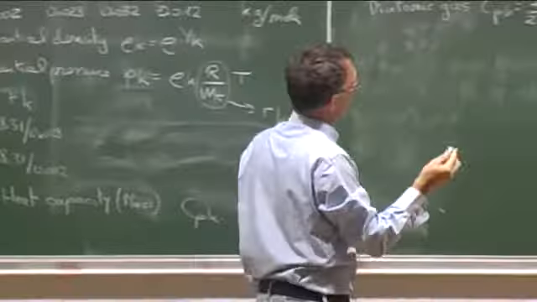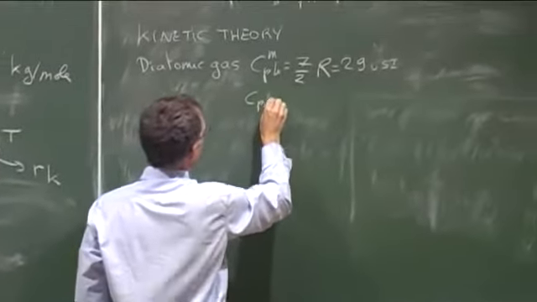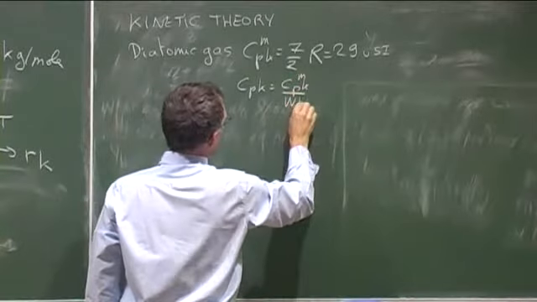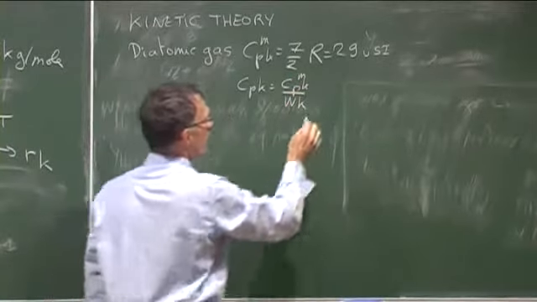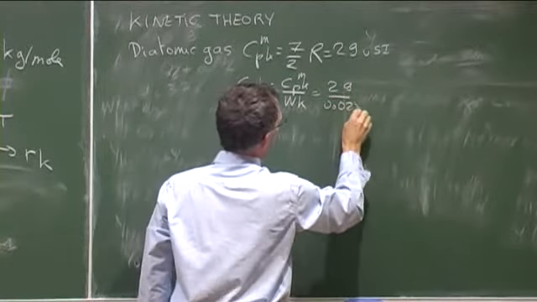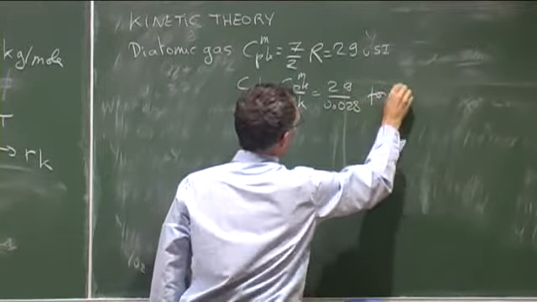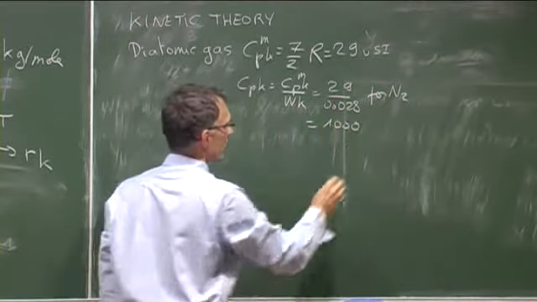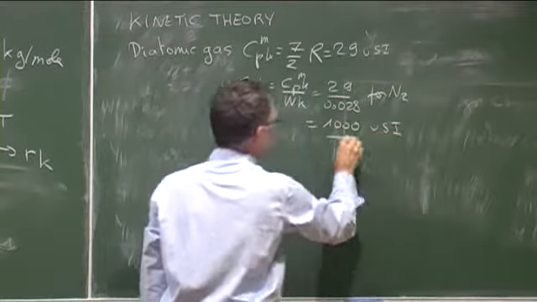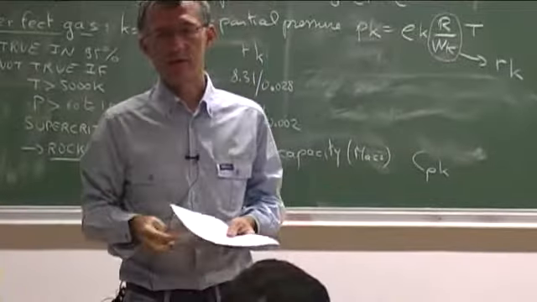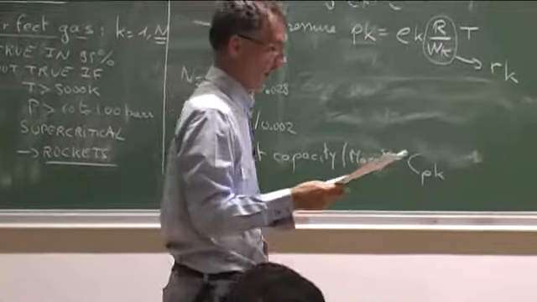Which tells you, for example, that the CPK, which is equal to CPKM divided by WK, for example, for air or for nitrogen, gives you this number for N2, which is equal to 1000. And this is the number you've been using in most courses up to now. Okay? When you do aerodynamics, you always say CP is equal to 1000, 1004 if it's air.